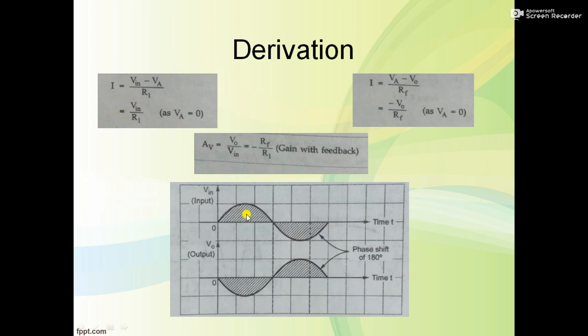If you apply the positive half cycle, the output is opposite. If you apply the negative half cycle, the output is positive. There is a 180-degree phase shift between input and output signal. So in the derivation, the voltage gain has a negative sign. So this is about the inverting amplifier.